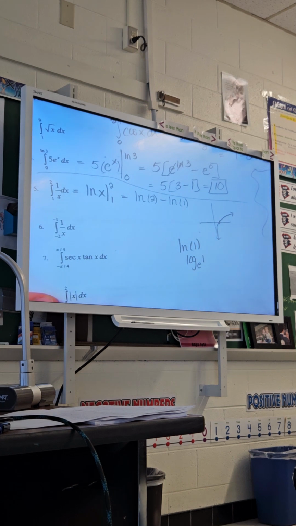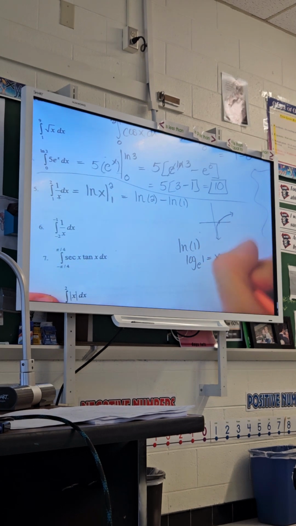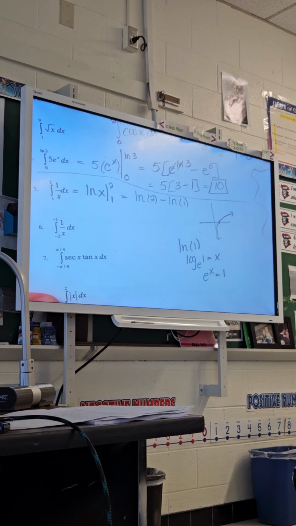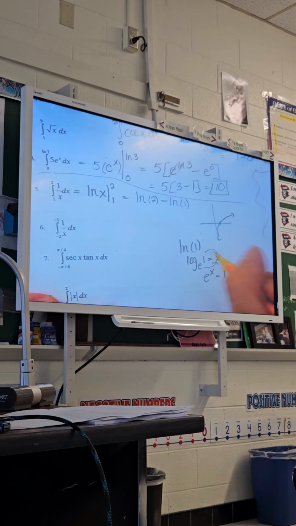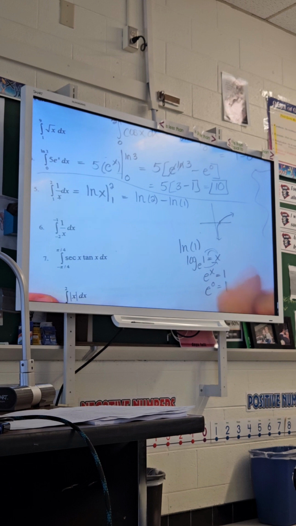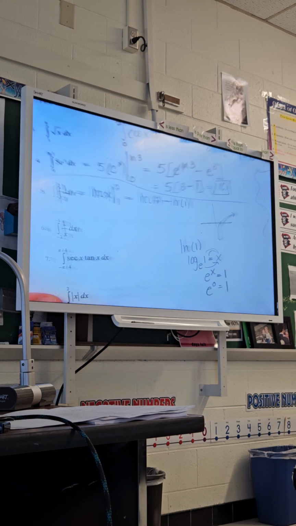What does this equal? I don't know, I'll just call it x. e raised to the x equals 1. Logan, we talked about this full circle also last class. They're equivalent expressions. And the only thing that makes this work would be e to the 0. So natural log of 1 is 0.